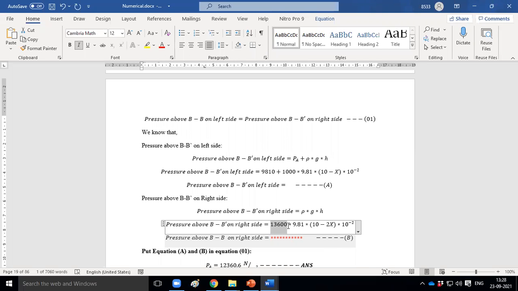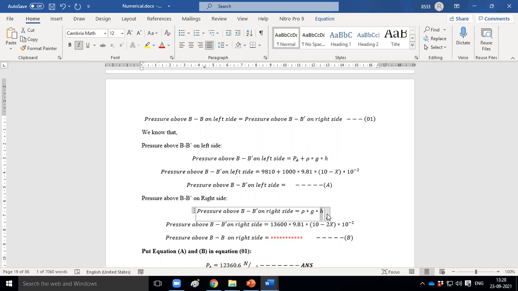Another question, what is the specific gravity of mercury? 13.6, correct. So density is 13,600 multiplied by G. What is the value of G? 9.81 meter per second square.